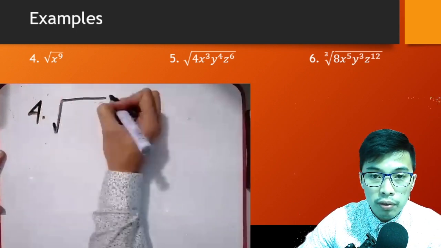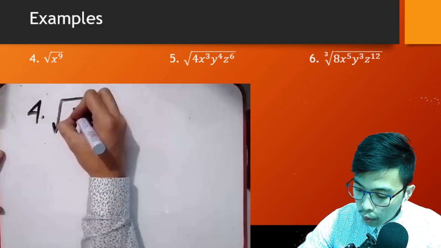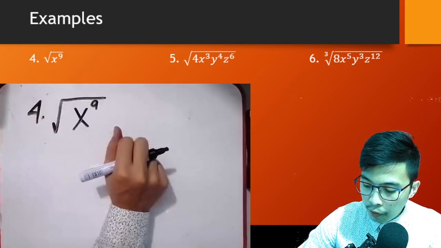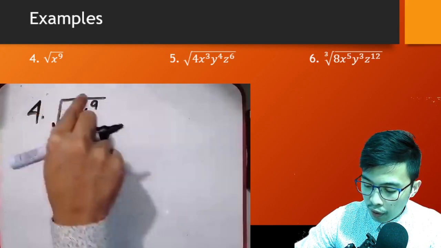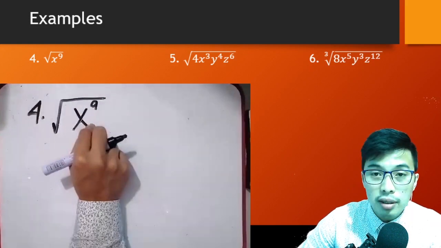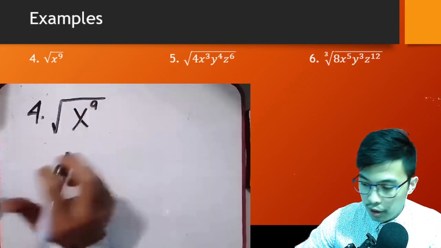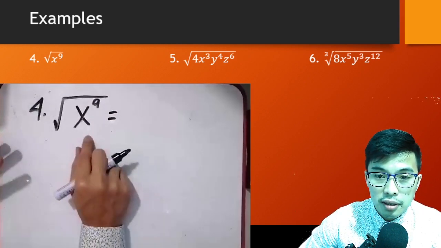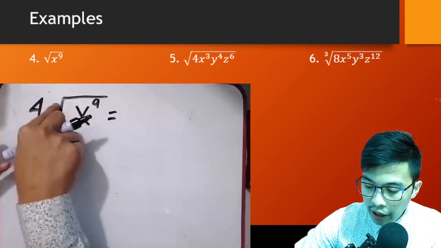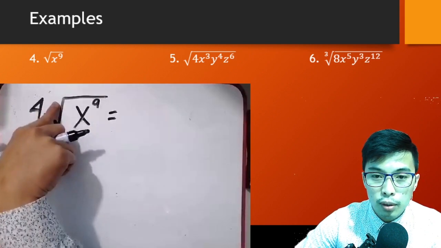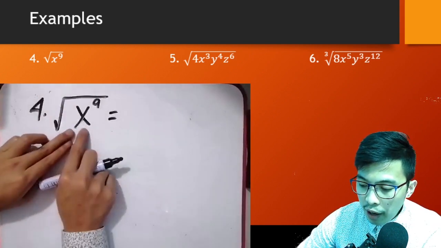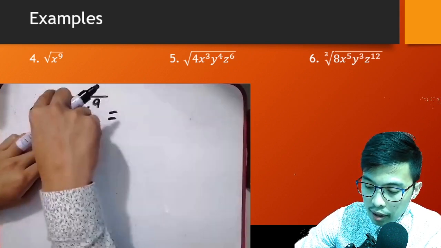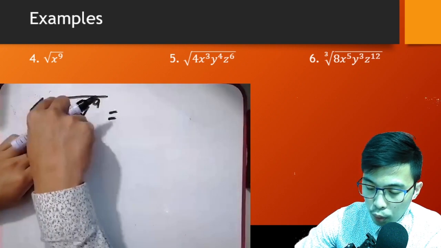And our example number 4 is the square root of x raised to the power of 9. Okay. So, ganito lang yan. In simplifying this, since the index here is 2, we make sure that the factor of this is divisible by 2.